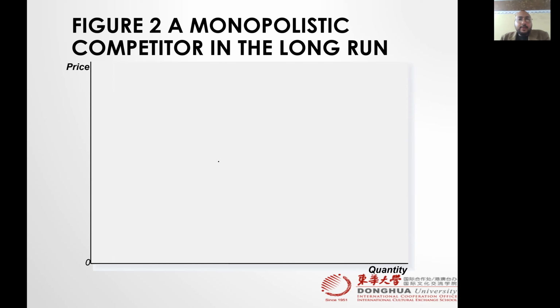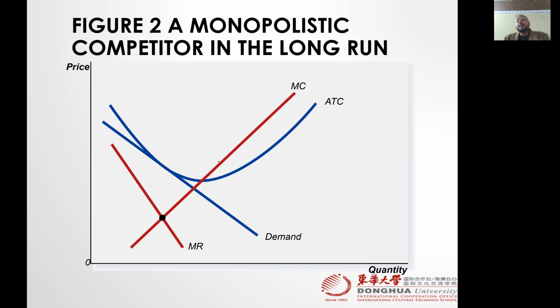the nice drawing here. So we have MR, we have MC, we have ATC, and we have the demand curve or price line. So in the long run, price must be equal to average total cost so that no one will enter the market and no one will exit the market.